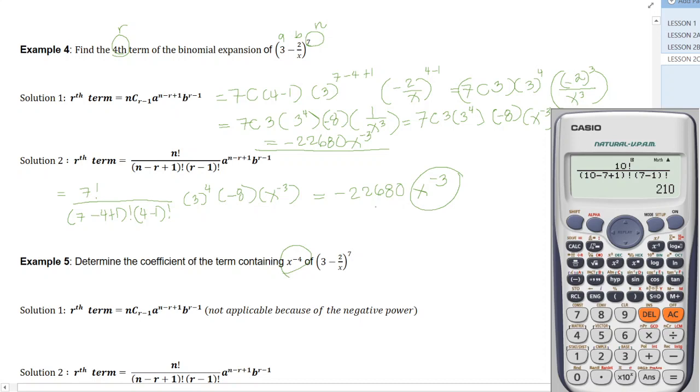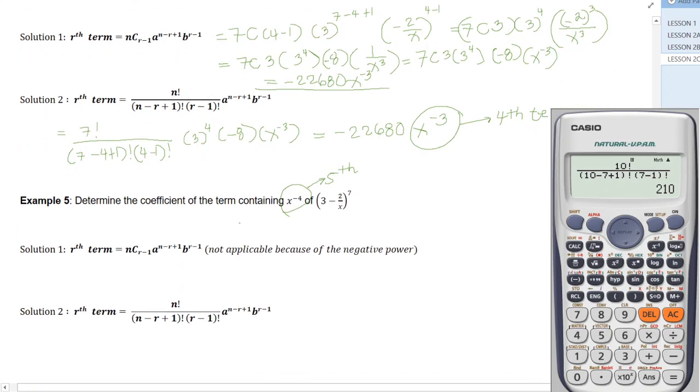Since negative 4 is lesser than negative 3, that is descending order. So if that is the case, it means that is your fifth term already, since this one is your fourth term. So that is x raised to negative 4, so that is the fifth term.